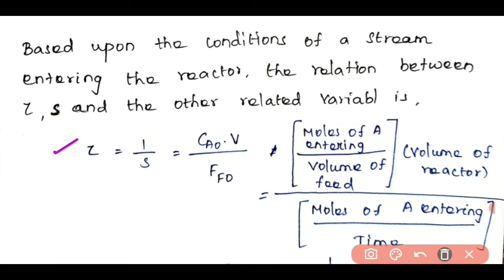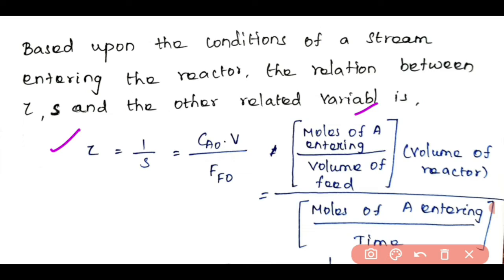We are going to relate this space time and space velocity with variables like concentration, volume of the reactor, flow rate, mass flow rate and also volumetric flow rate. So tau is equal to 1 by S, that is equal to Ca0 into V divided by Fa0. Here Ca0 is moles of A entering divided by volume of feed, that is the concentration of your reactant entering.